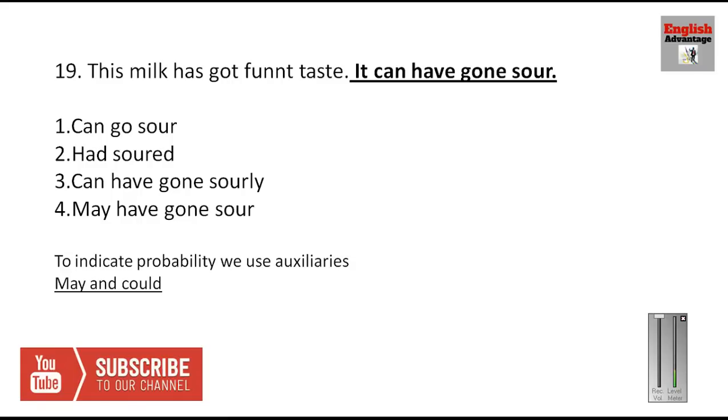This milk has got funny taste. It can have gone sour. Okay, so here we are talking about the probability, and for probability this auxiliary is not used.